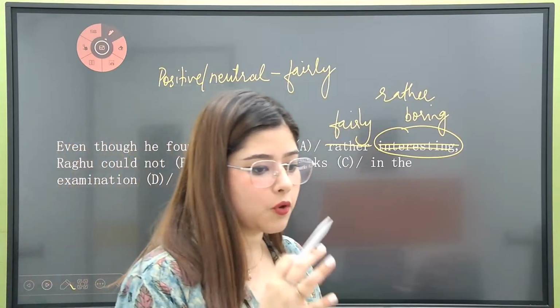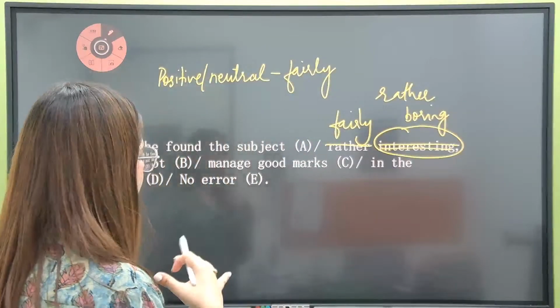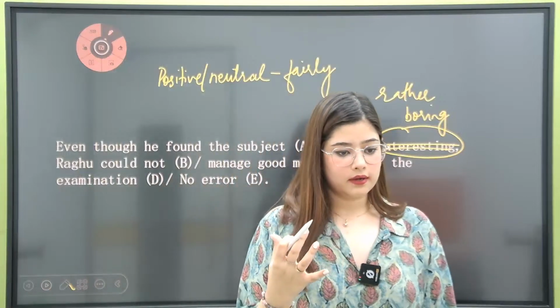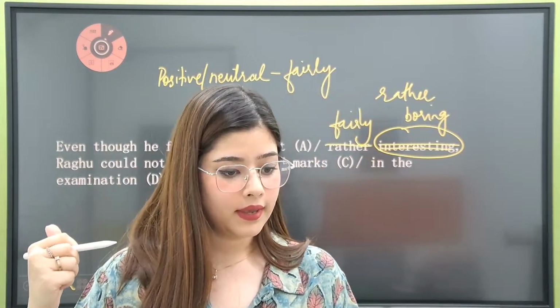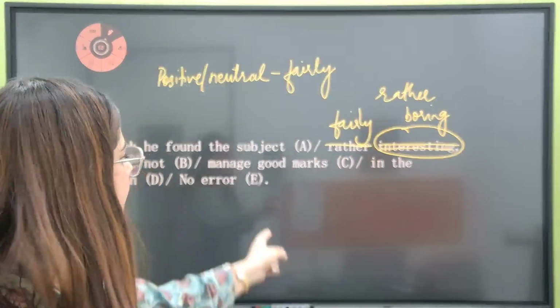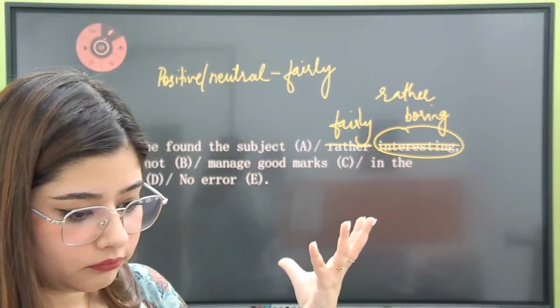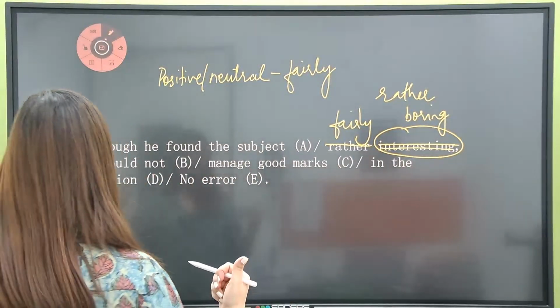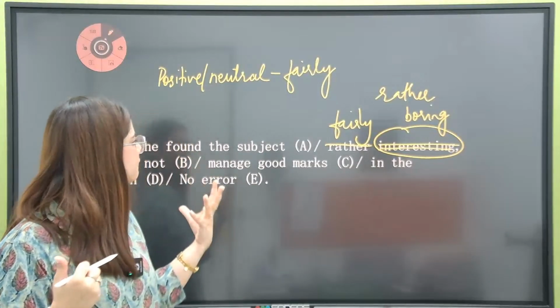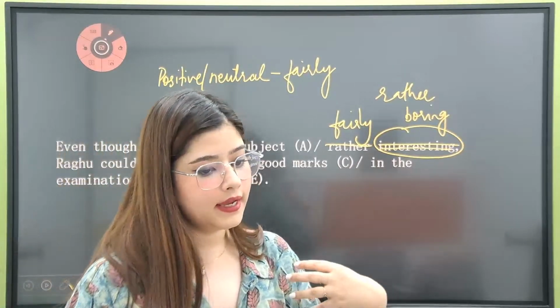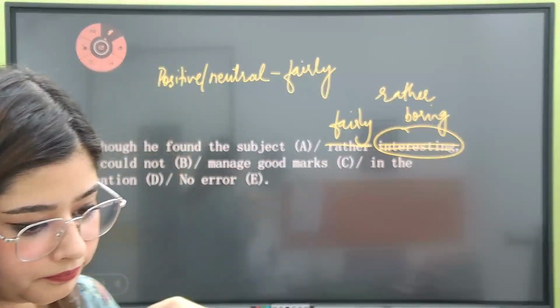So whenever I'm talking about something in a positive or a neutral light, I would use fairly. And if I'm talking about something in a negative light, I would use rather.